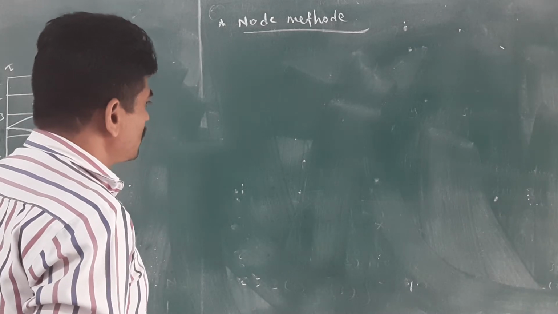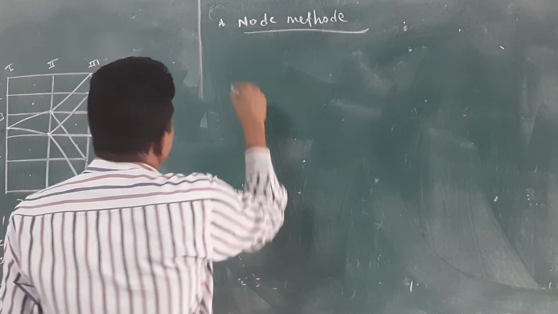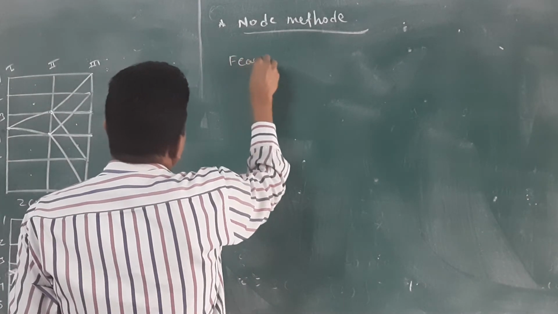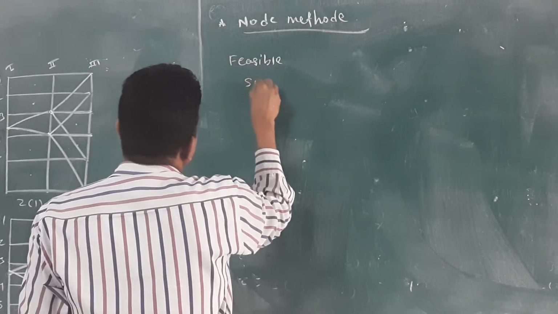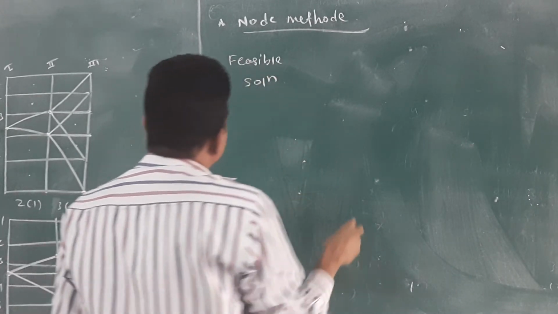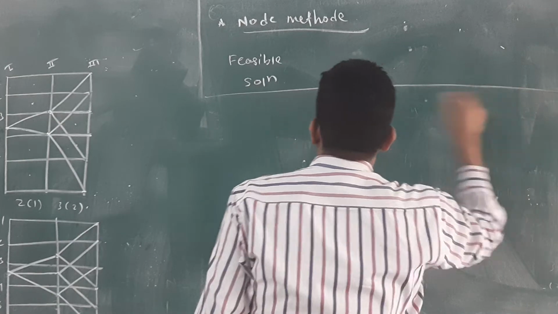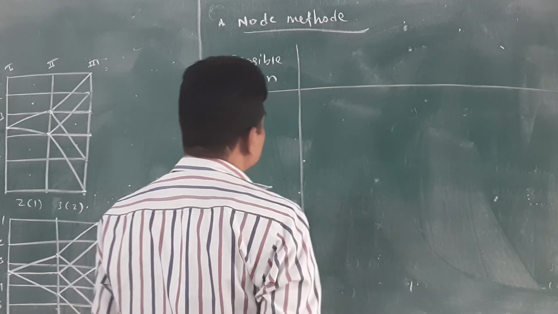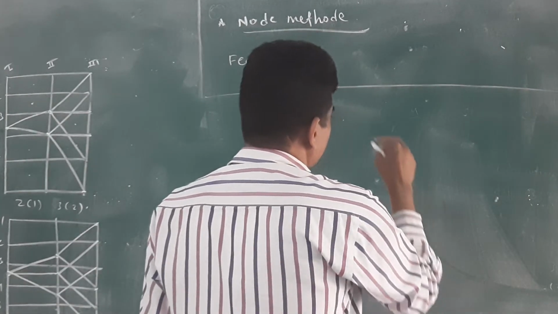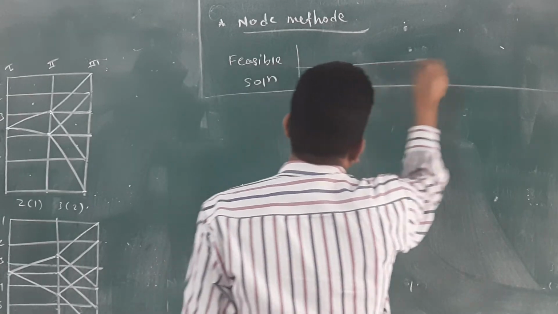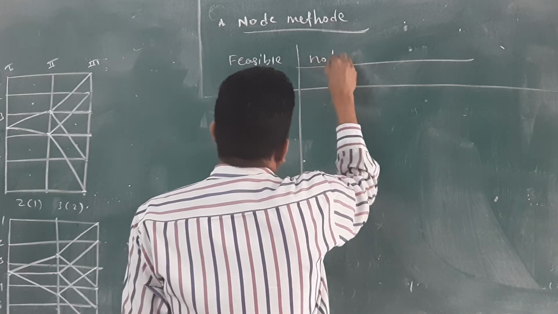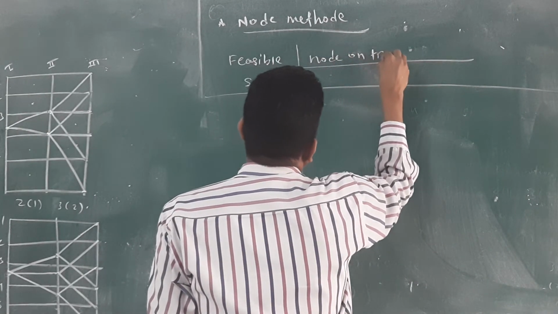Okay, in the node method again you have to make a table. First feasible solution. In the first column you should write the feasible solution. Then next you have to write the node on transmission line. Node on transmission line.